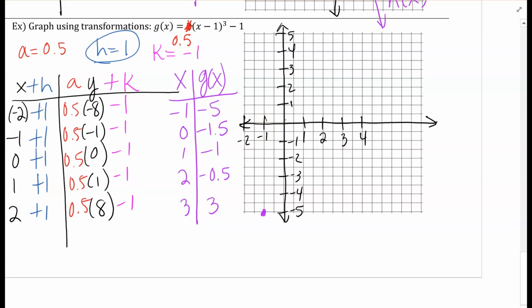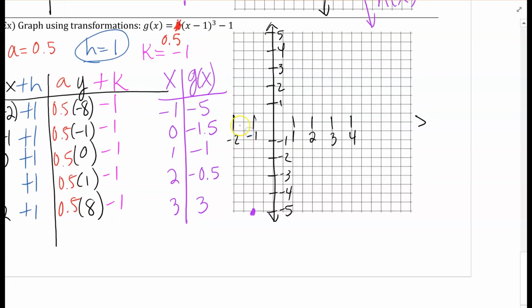I'm going to go to -1.5, so -1, and then half a box more is -1.5. Oops, I switched my x and my y on that one. Sorry, guys. Hopefully you're paying attention. 0 stays on the y-axis, and then I'm going to go down to -1 and a 0.5.